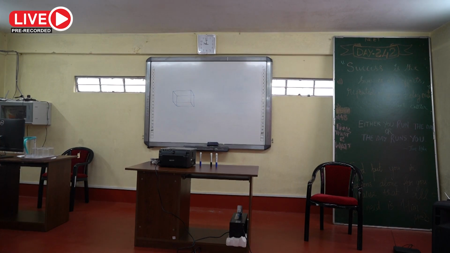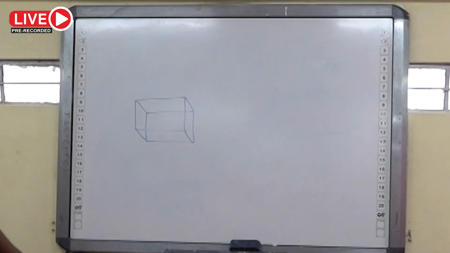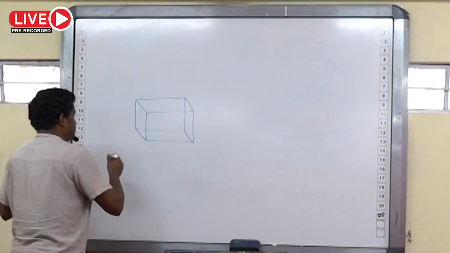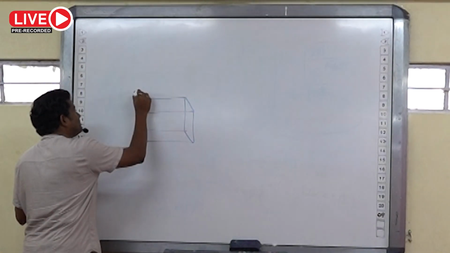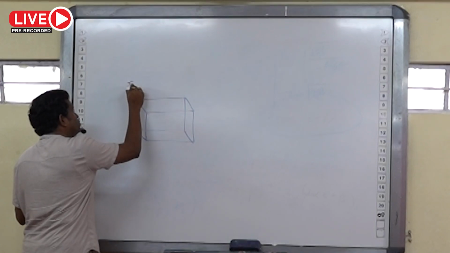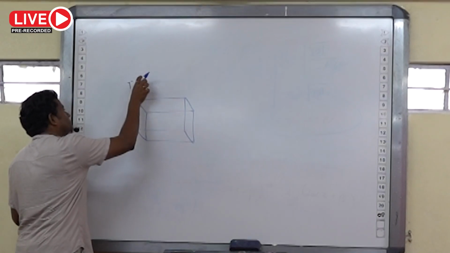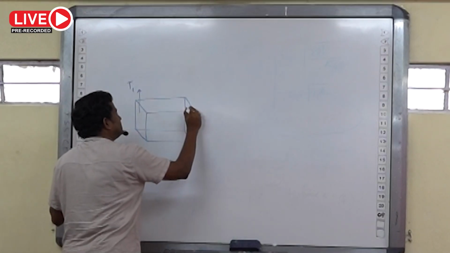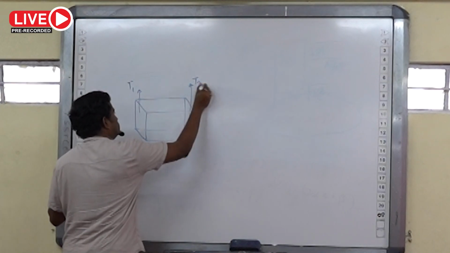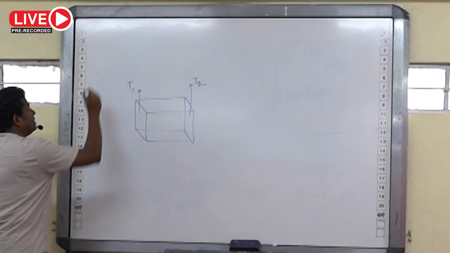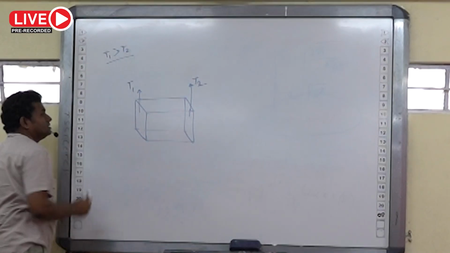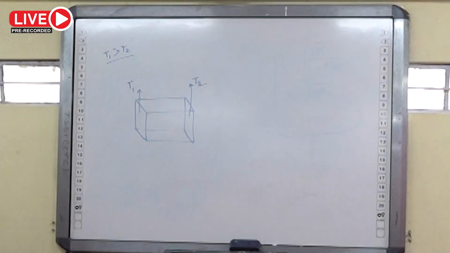Now we consider that two ends of the solid are at different temperatures. Suppose this surface has a temperature of T1, and this surface is at a temperature of T2, and we consider T1 is greater than T2.